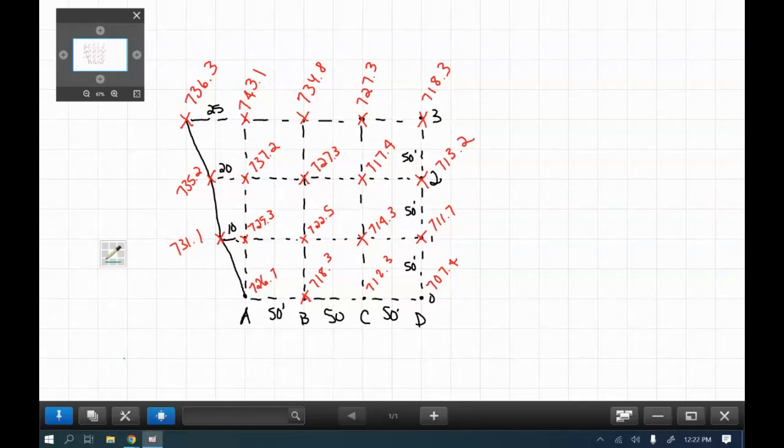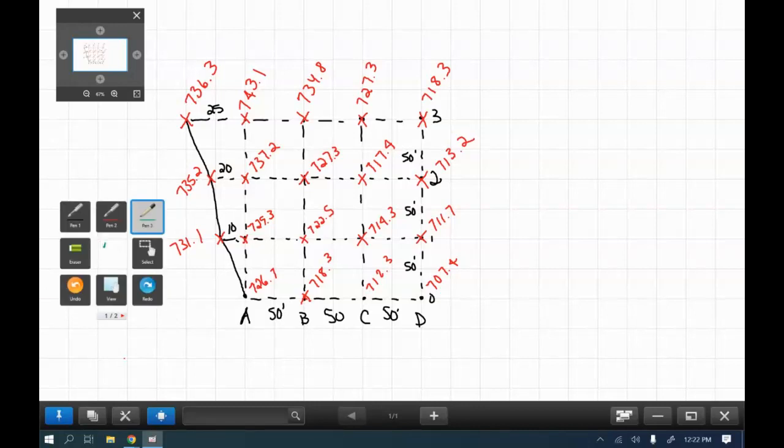Are these contours? No, we haven't got the contours yet. We just got an elevation at each of these points, like the elevations on the nails. Okay. So if I start here, what's the next even number after 707.4? 708. So I'm going to do 708.